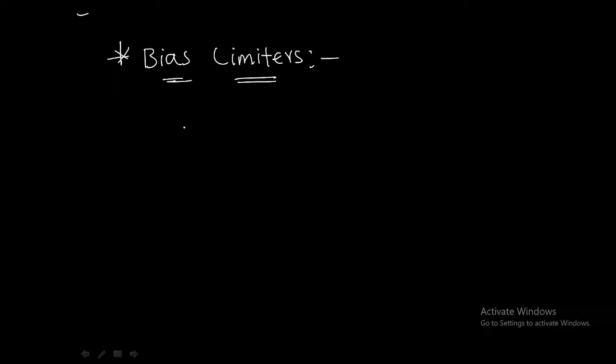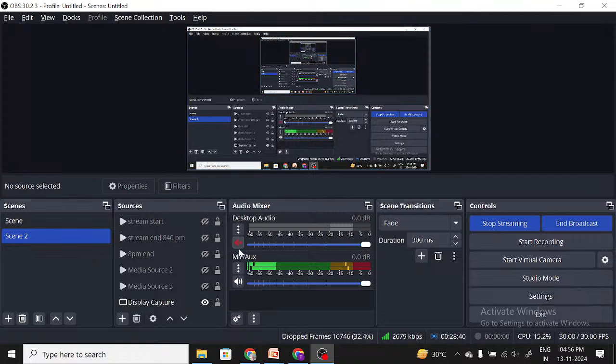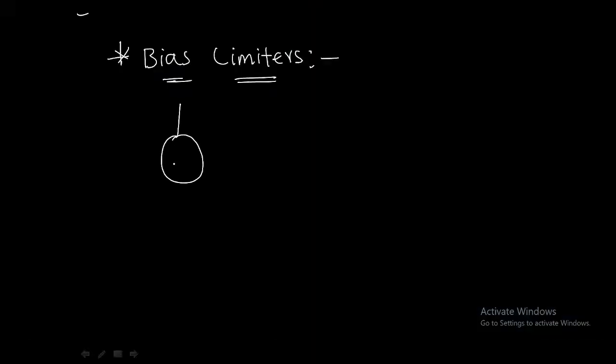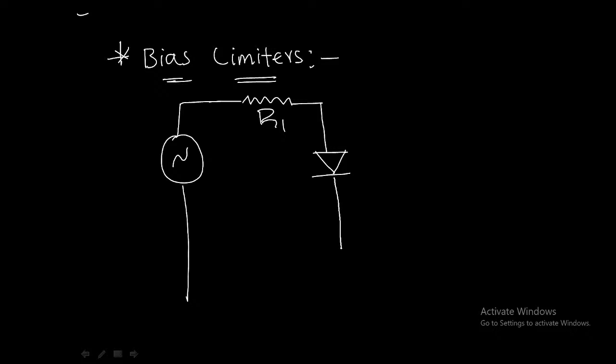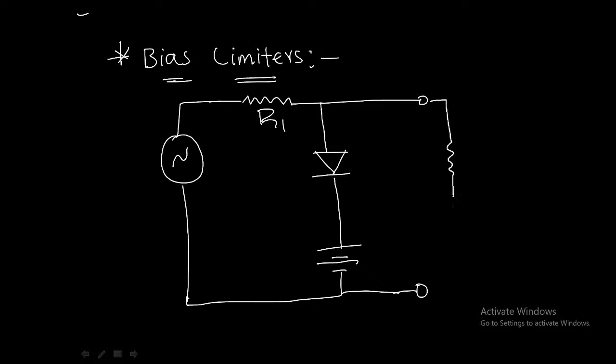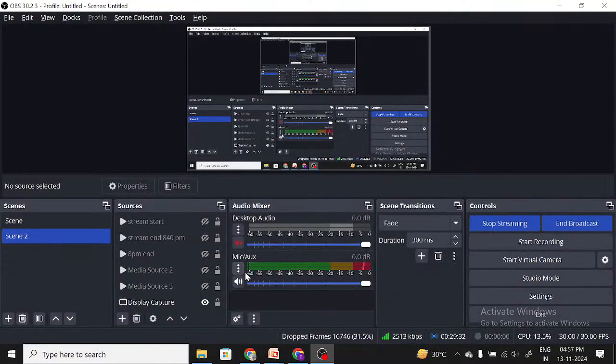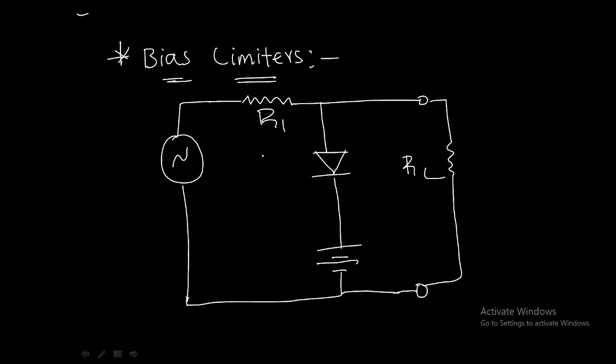Let me draw the circuit for this bias limiter. So this is how a bias limiter looks like.